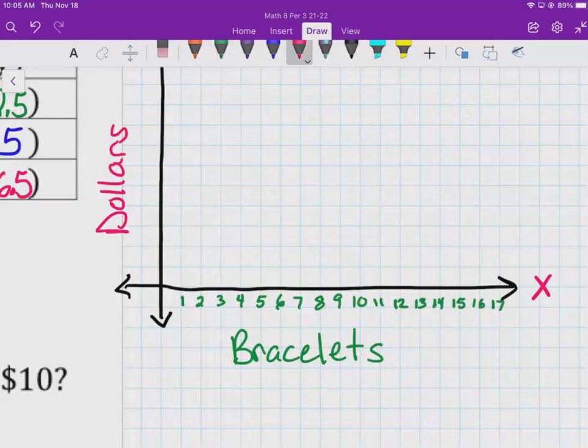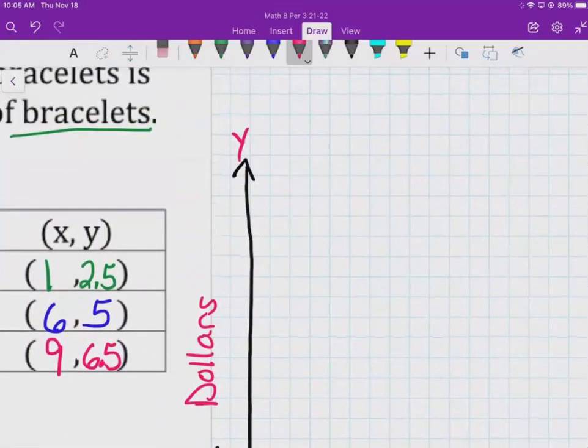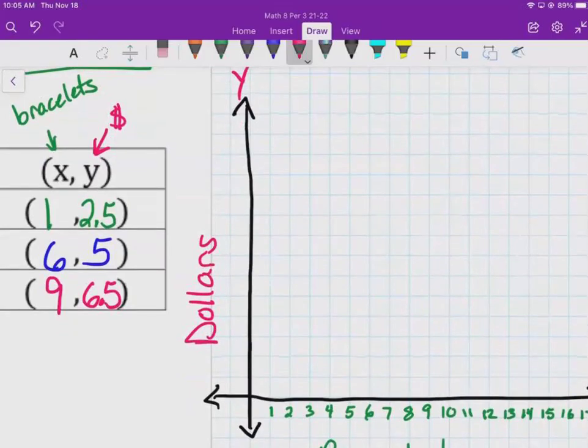Dollars. So what was our highest dollar amount? Remember, the Y is our dollars. The X was our bracelets. So we're going to just do 1, 2, 3, 4, 5, 6, 7, 8, 9, 10, 12, 13.